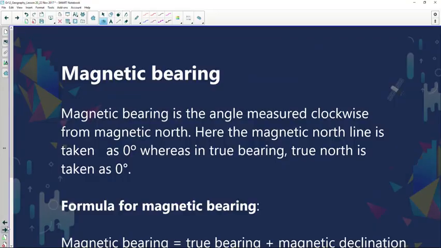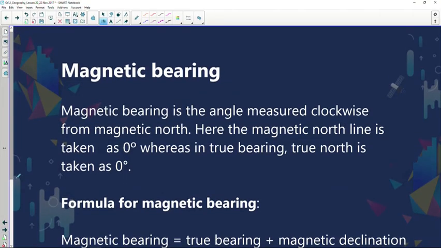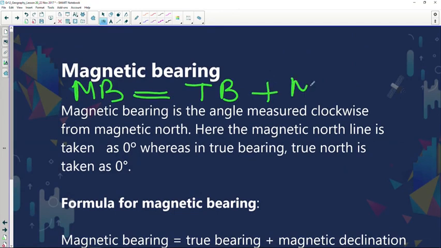Before I continue, I'm just going to write out the formula. Magnetic bearing equals true bearing plus magnetic declination. When we work with true bearing, we work with our protractor and we use our degrees. And then the magnetic bearing, like we just discussed in the previous couple of slides, when we need to calculate it, let's quickly look at what the notes tell us.